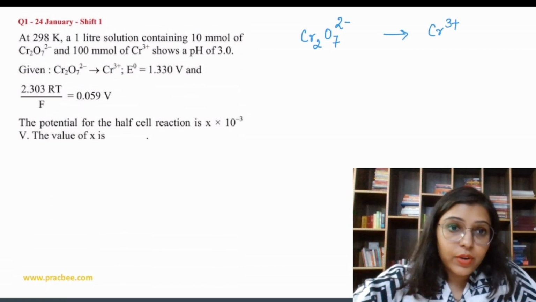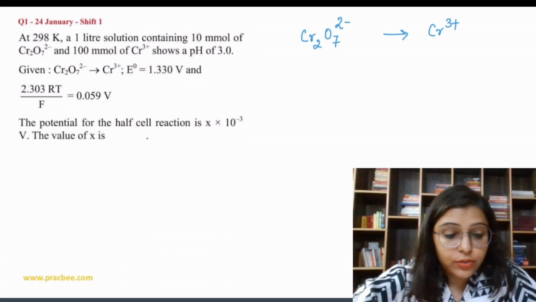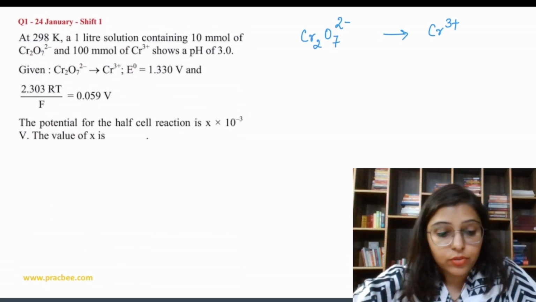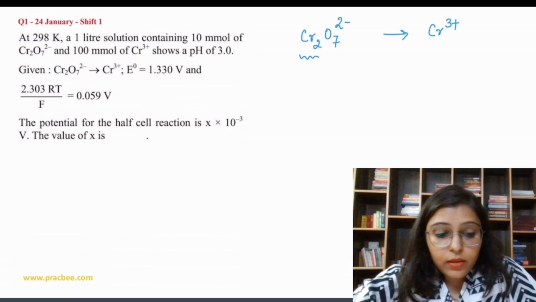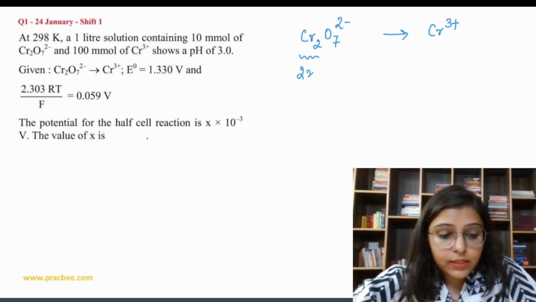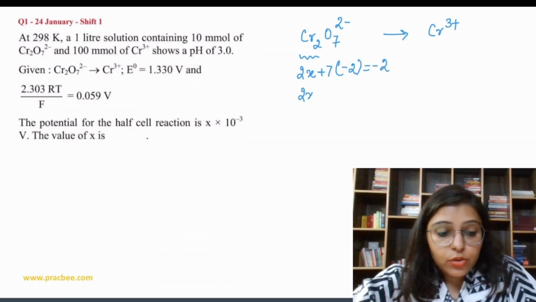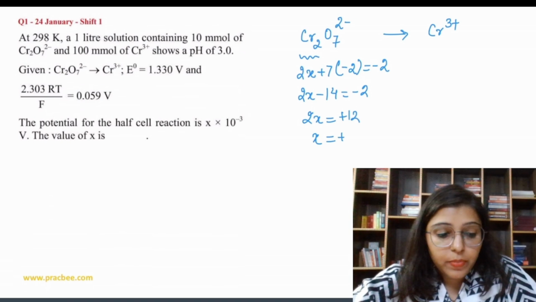Okay, now first we have to find out the change in electrons. By using the x method, 2x plus 7 times the oxidation state of oxygen, minus 2, is equal to minus 2. So 2x minus 14 is equal to minus 2, 2x is equal to plus 12, and x is equal to plus 6.